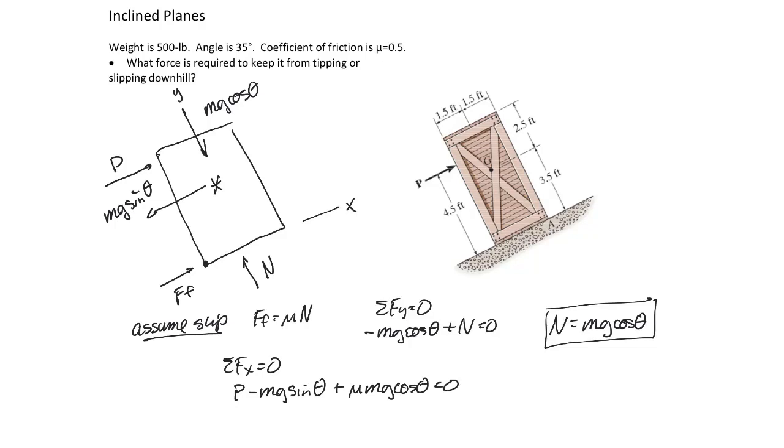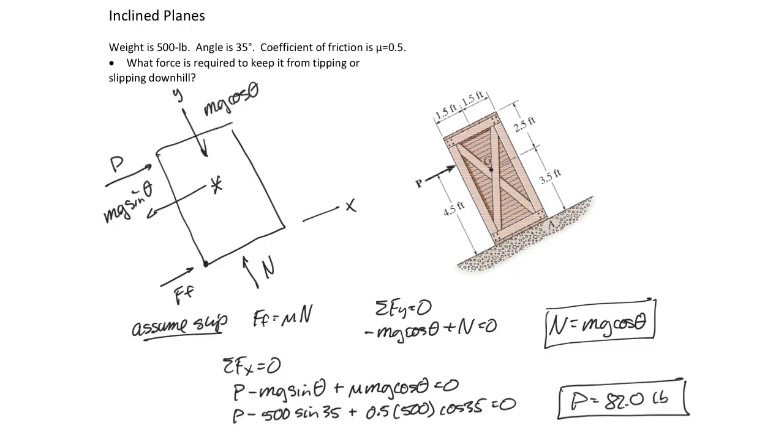So let's put some numbers in and see what we get. The box weighs 500 pounds, sine of 35 degrees, mu is 0.5, again 500 pounds, cos 35 is equal to 0, so P to keep it from slipping is equal to 82.0 pounds. Okay, so that is the slip scenario.